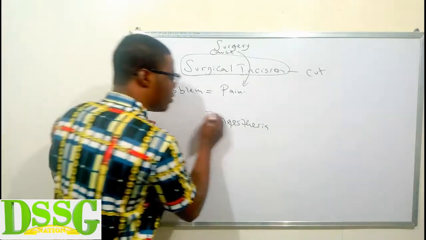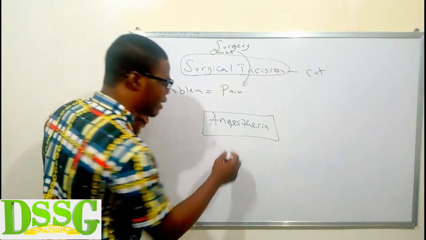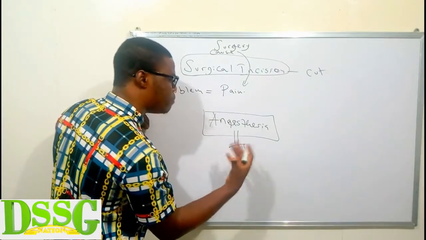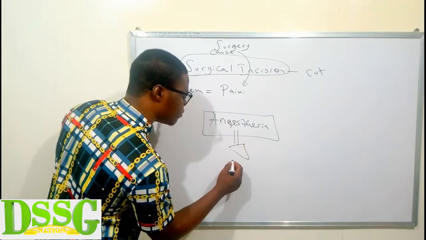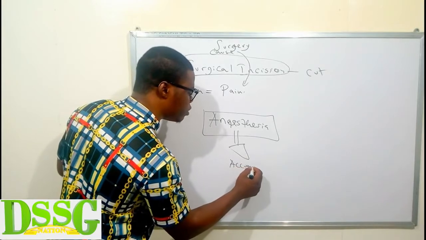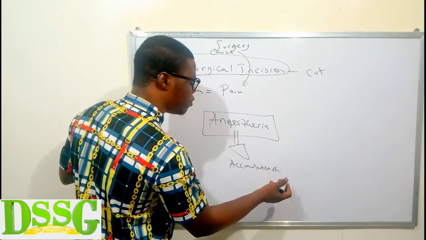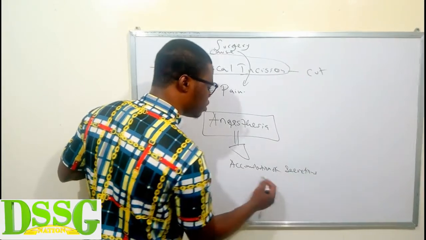So now that anesthesia, it has a side effect, and what do we call this? Accumulation of secretions in the airway.